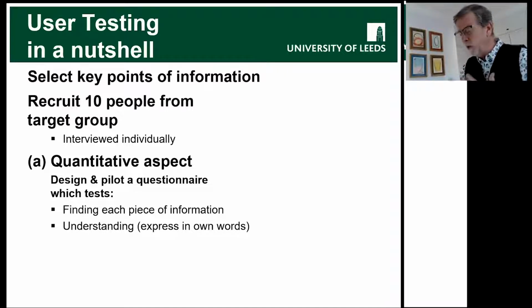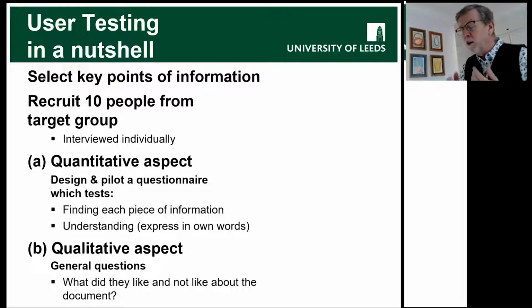The first is quantitative, so you have a questionnaire where you ask them to find and then express in their own words the key points that you've selected. Critically, there is then a second part of the interview where you ask them general questions about what they liked and didn't like about the document. And inevitably, they then start to talk about the problems they might have had in the quantitative aspect.